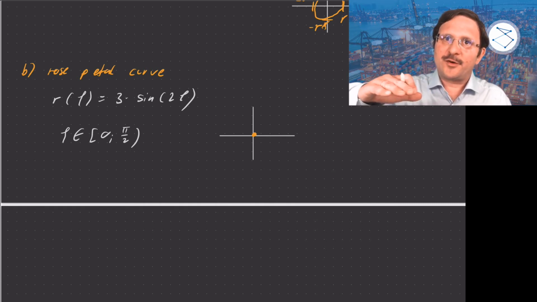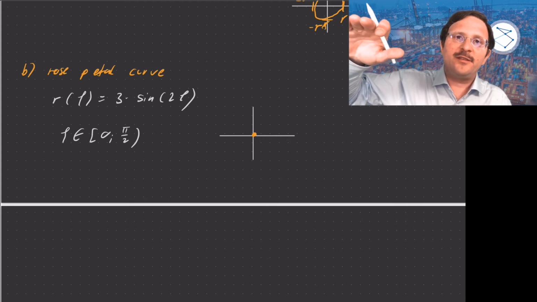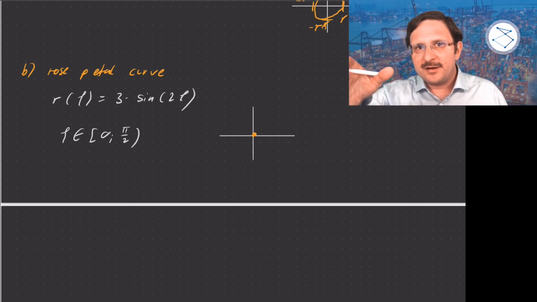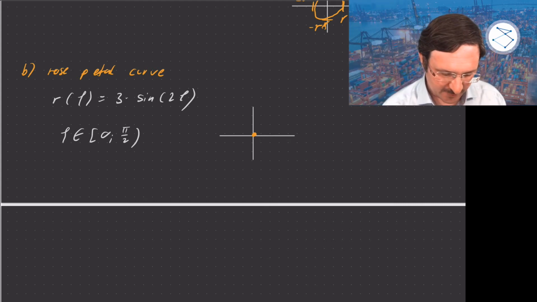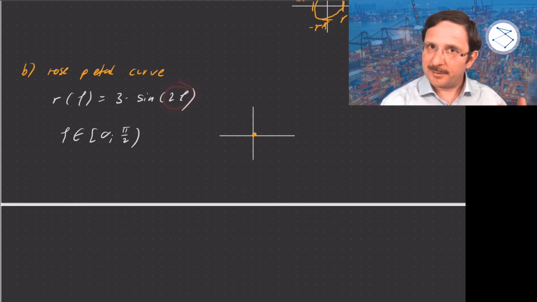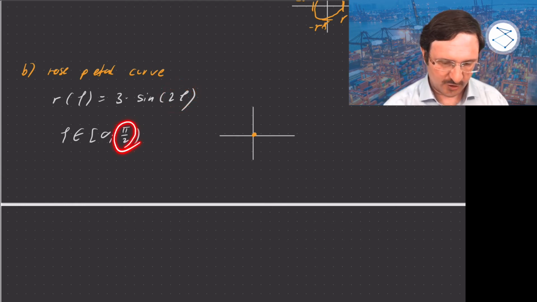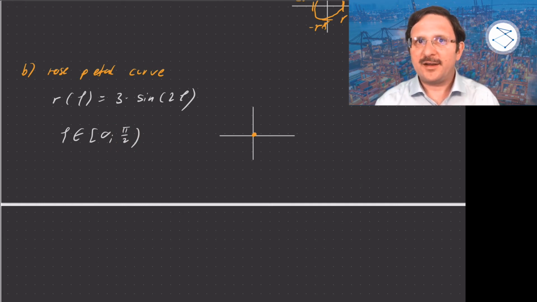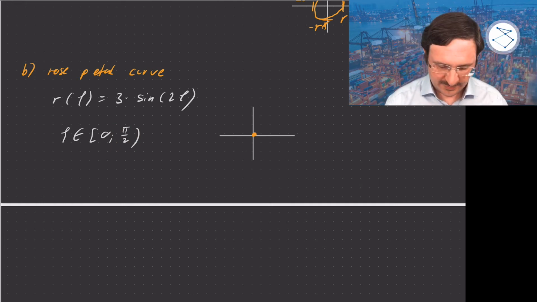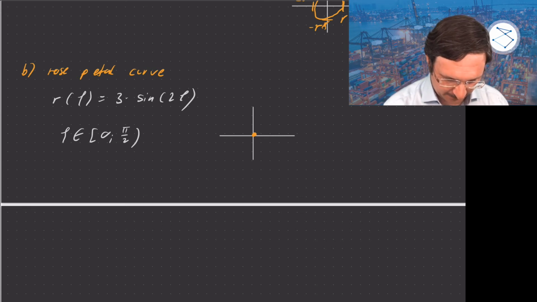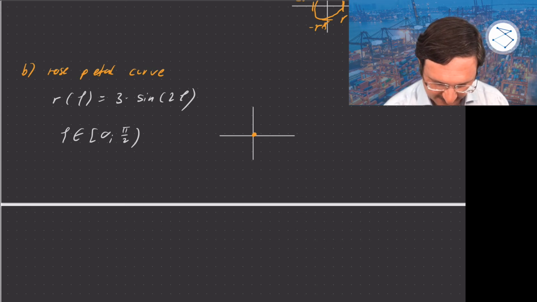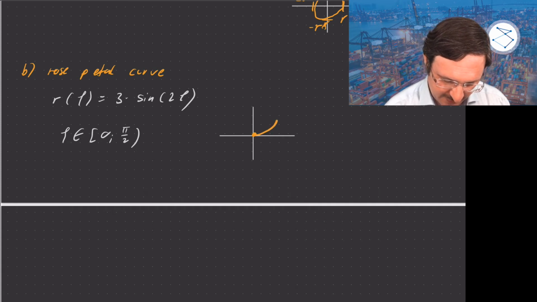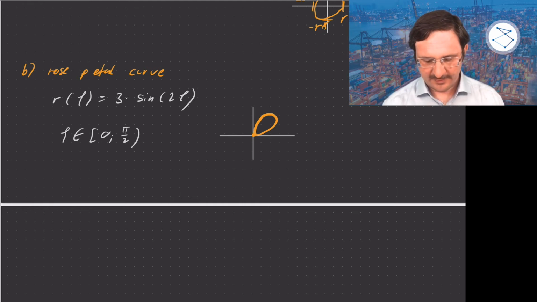So there it starts to grow up to that point, and then it starts to decrease again up to the point where the argument becomes pi, and that happens when phi hits pi over 2. Then we'll have another root of the sine, and that means the radius goes back to 0. So basically, the radius first increases with increasing angle up to a certain point, then it turns around, and then it decreases again.